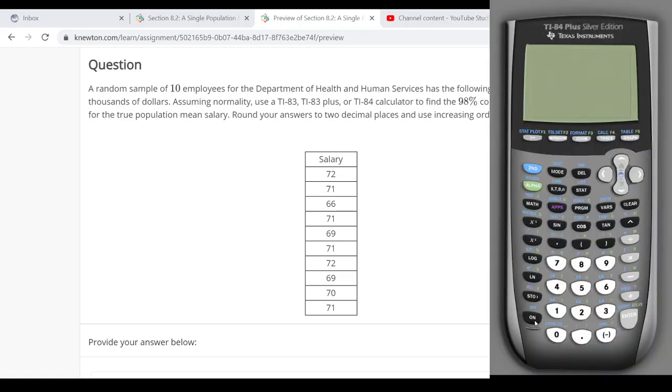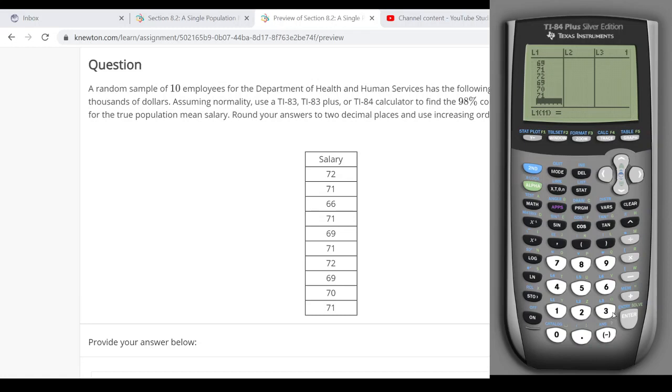and hopefully you remember how to enter a list of data. Remember, you hit stat, go to edit, and then I'll just go down L1 and enter these salaries. 72, 71, 66, 71, 69, 71, 72, 69, 70, and 71.